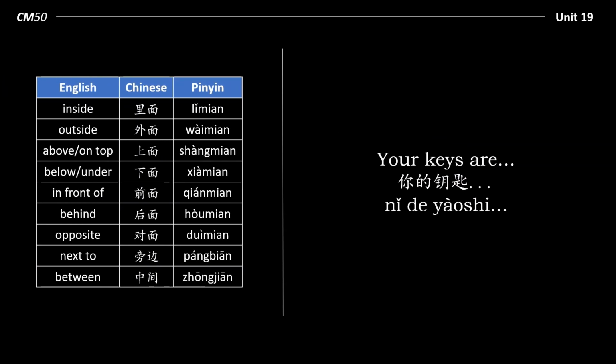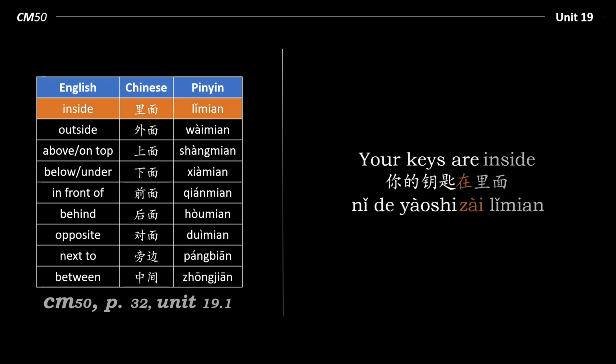Now, what if we wanted to talk about the location of a noun or the position of the noun? So we want to say it's inside, outside, above, below, and so forth. Well, this is quite simple. Your keys are inside. 你的钥匙在里面.